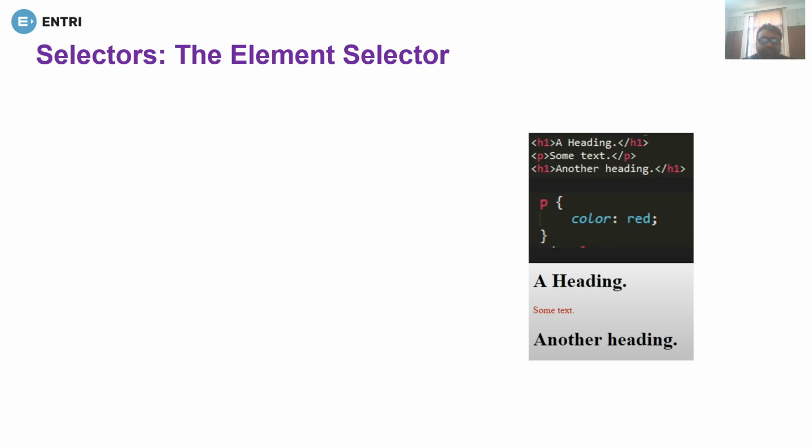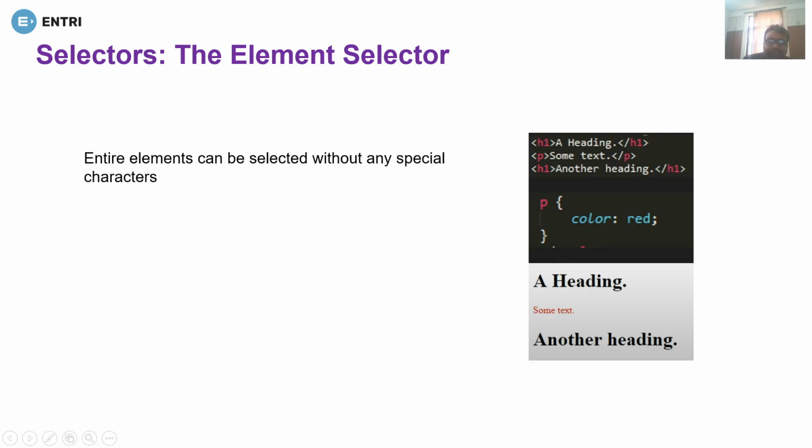Now, element is just the tag name. For example, you can easily see here that H1, P, H1, these are all elements, right? And what we have done here in the styling part is we have used the tag name, and that particular tag name is used to specify the attributes or properties, whatever we have.